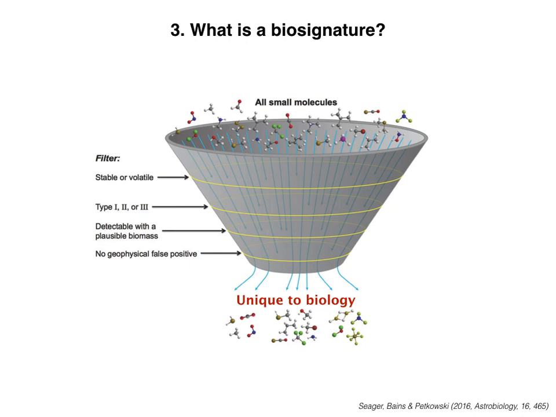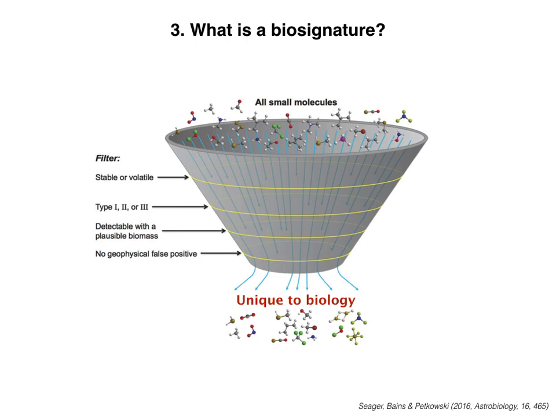She thinks of all of the small molecules that can be created that obey the laws of chemistry as we know them. She then puts them through different filters. She asks if they are stable or volatile, if they have a geochemical or geophysical false positive, if they are detectable over plausible biomass, and if they are so-called type 1, 2, or 3 biosignatures.